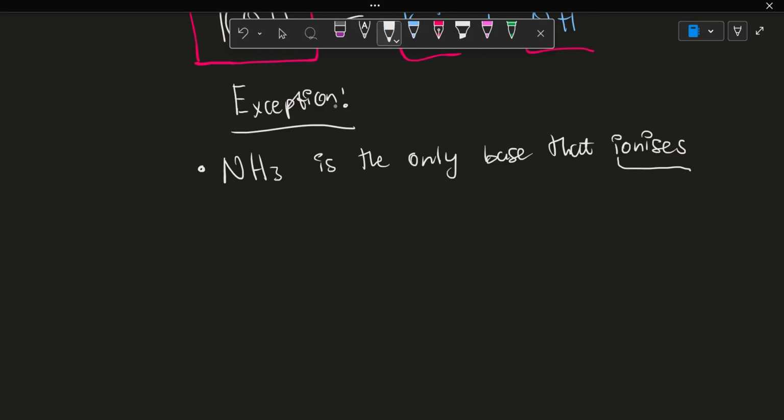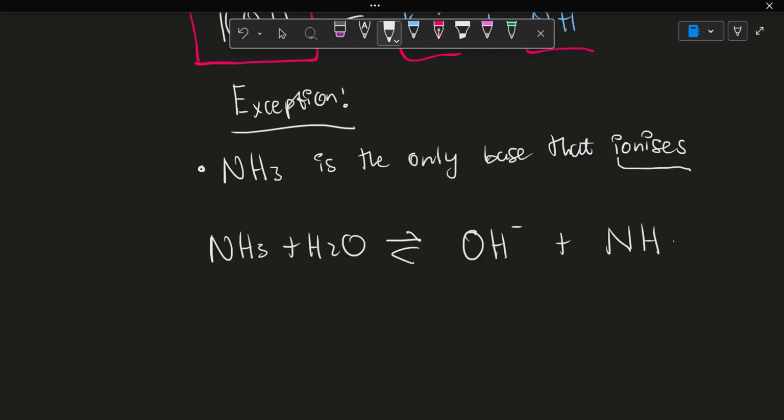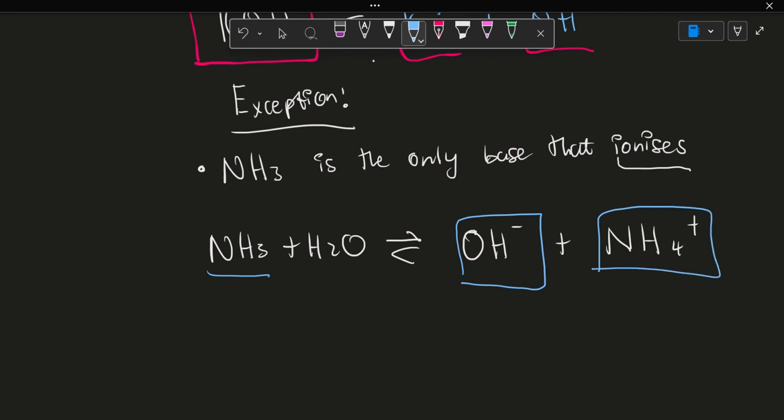Meaning, if I have a reaction of ammonia in water, right, what would I have? I would then result in a hydroxide ion as well as an ammonium ion, right? So notice how this in water gave me its ions, right? But it did not dissociate. It actually ionized. Wow, special, ammonia really is, hey?